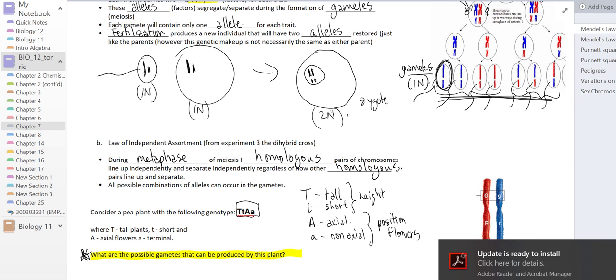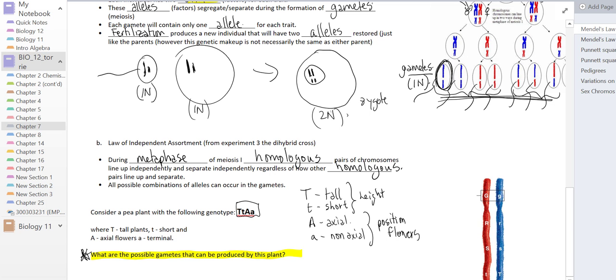Okay, so if we look here, as this individual produces gametes, each gamete can only have one letter from each trait. That means a gamete can only possess one T and one A. So what are all the possible combinations? Well, this individual could produce gametes that are capital T, capital A, could produce gametes that are capital T, little a.